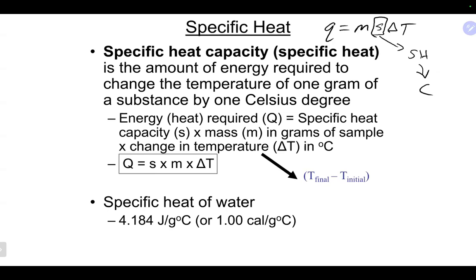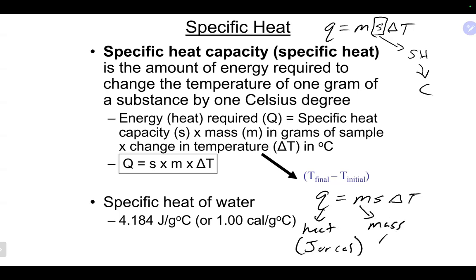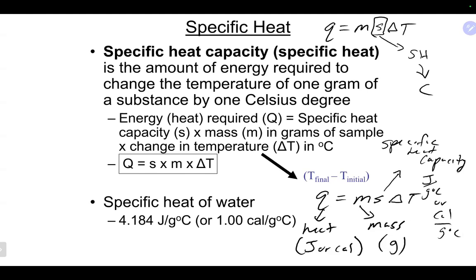So what are all these values? Q is the heat, which is typically in units of joules or calories. m is the mass, which is in typical units of grams. s is the specific heat capacity, which is in units of joules per gram per degree Celsius, or calories per gram per degree Celsius.